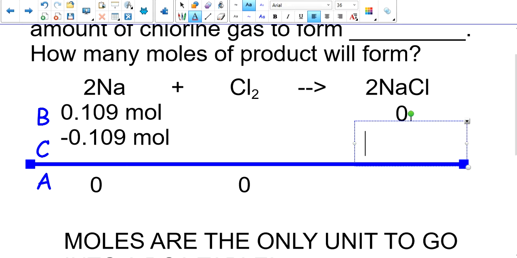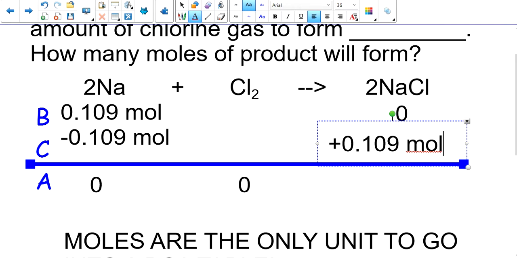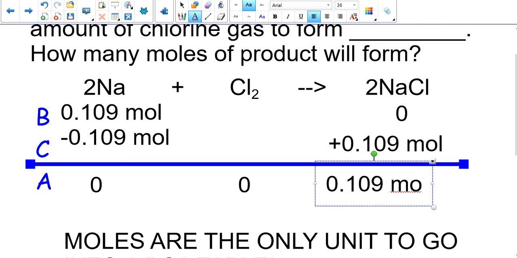According to the balanced chemical reaction, it's a 2:2 or a 1:1 ratio. And so if I'm losing 0.109 moles, then over here on the product, I'm going to be gaining 0.109 moles, which means that total I'm going to have 0.109 moles.